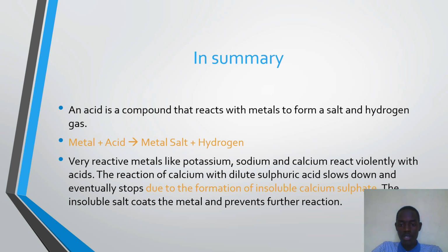The role of calcium hydroxide solution will be to test for the production of carbon dioxide. We will be reacting sodium carbonate with hydrochloric acid, and seeing how the reactions take place.